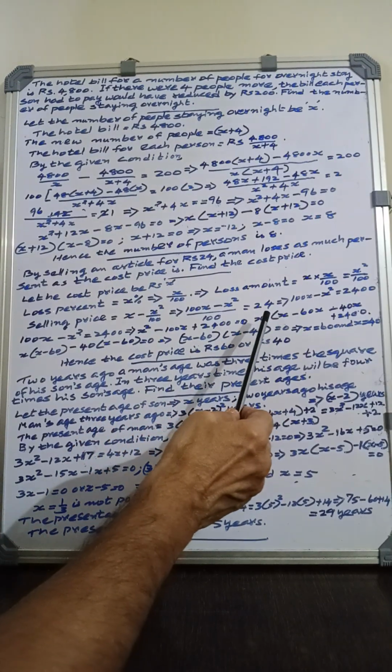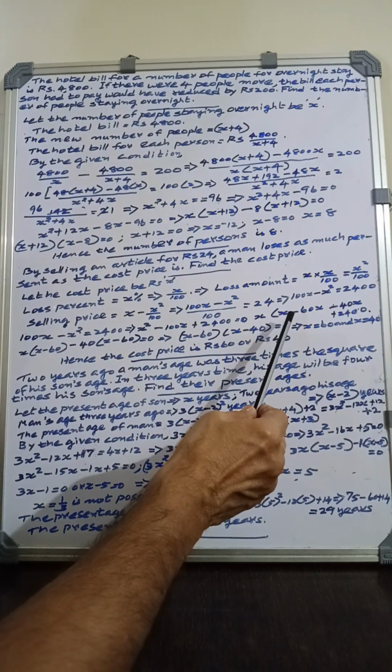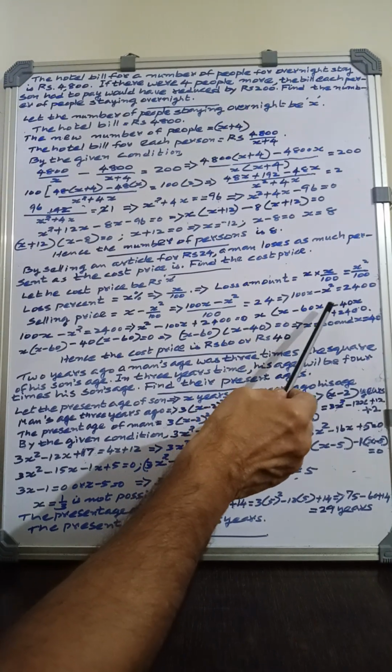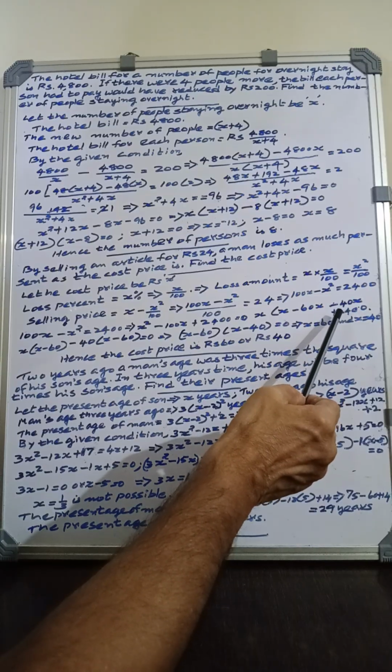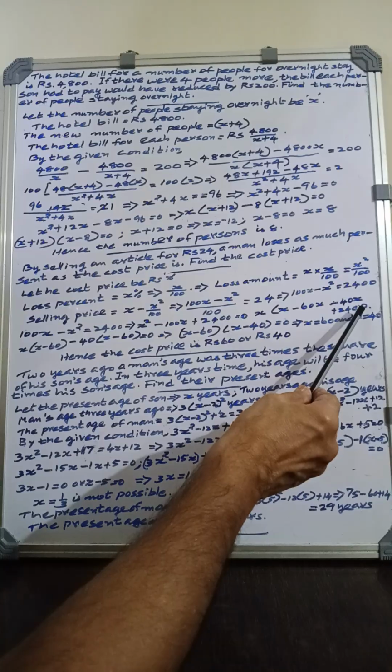Splitting the middle term, x squared minus 60x minus 40x plus 2400 equals 0.